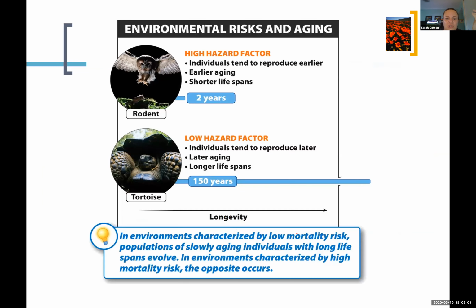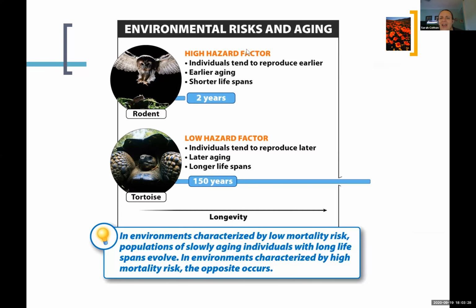But there's a lot of trade-offs. The strategy for which type of life history depends a lot on what kind of organism you are. So if you live in a very high risk environment, maybe it's because you're a small critter, or maybe it's because you live in a harsh environment, right?